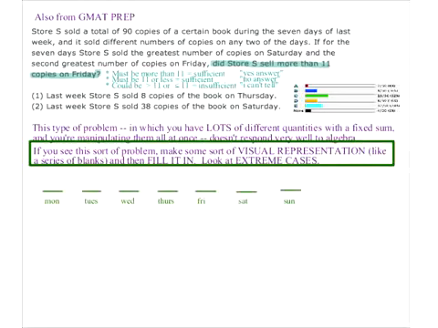So here's some blanks. Number one, here's a story. Store S sold 8 copies of the book on Thursday. And also notice that Saturday was the most, and Friday was the second most.